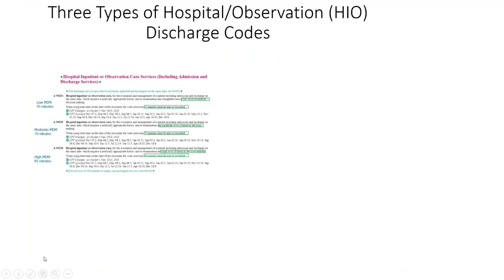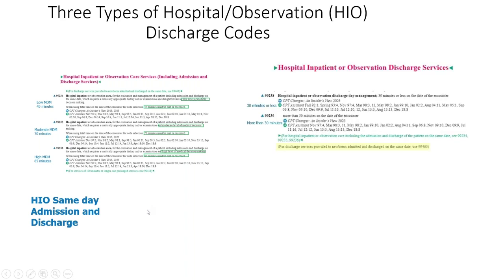And okay, before going further into that scenario, I would just want to remind you of the discharge codes which we have. We have hospital inpatient or observation care discharge, which is a hospital inpatient or observation same day admission and same day discharge. And we have hospital inpatient or observation discharge services that is coded when the patient is being discharged from the hospital inpatient status.